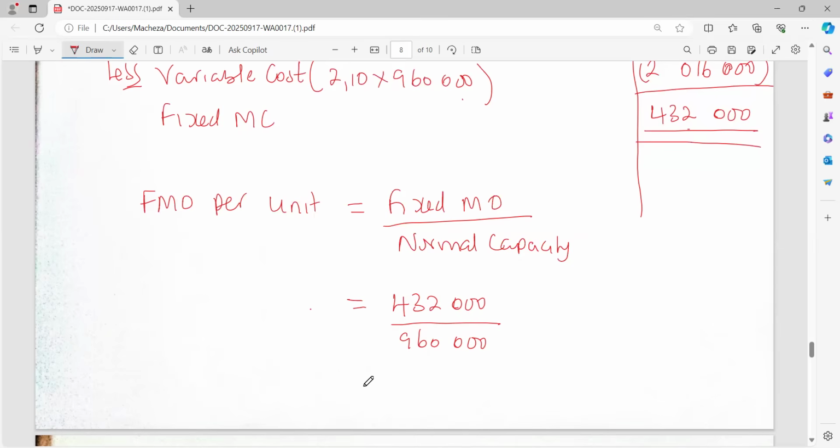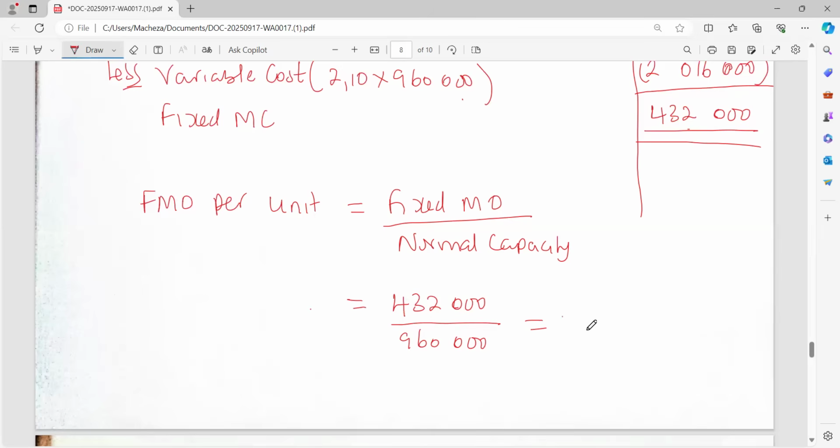It's 432 divided by 960, which is 45 cents, 0.45.